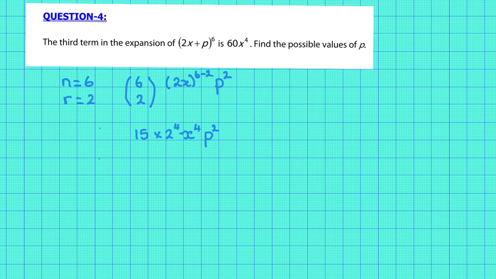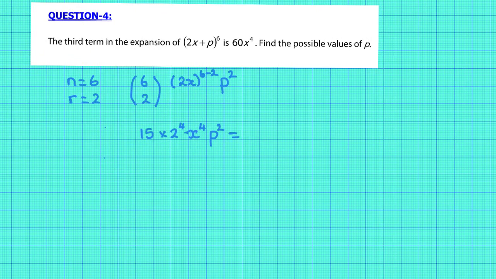We know that that is equal to 60 x to the power of 4, which is equal to 240 x to the power of 4 p squared, which is equal to 60 x to the power of 4. Because x to the power of 4 is on both sides, we can cross it out.